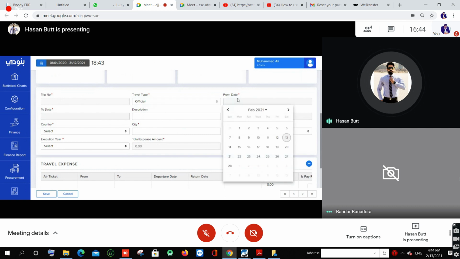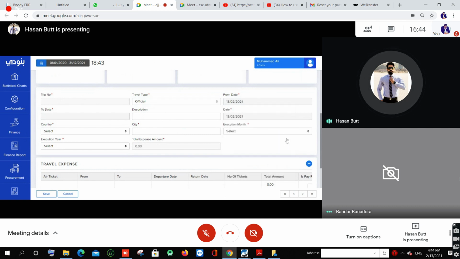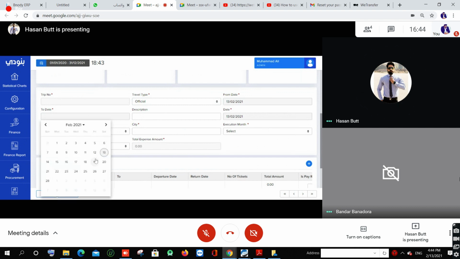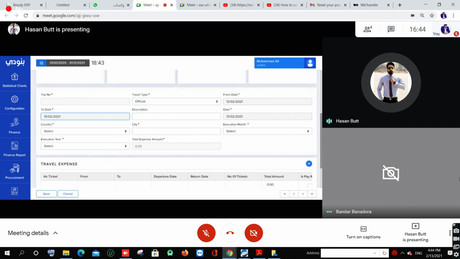And from which date to which date this travel is going to be done. Let's say this is from the 13th of February to the 19th of February. The description can be anything. This is the date of the creation of this document. It can be the country to which they are flying.